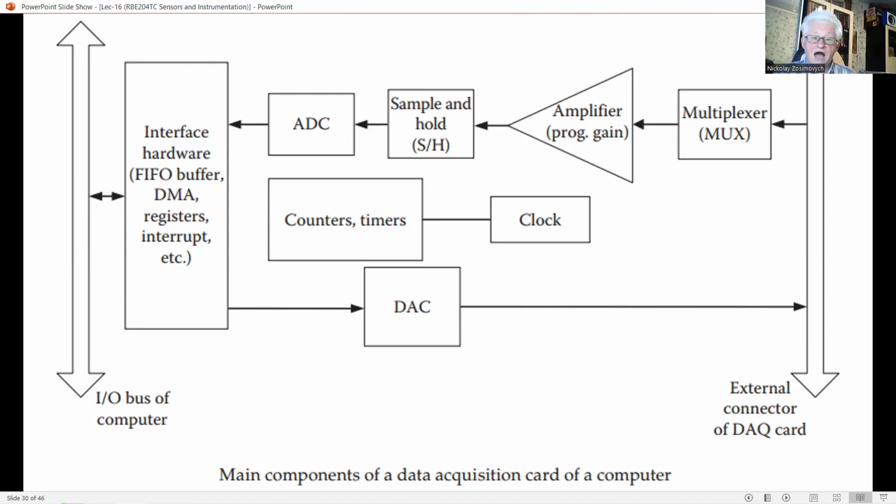The DAQ card can provide an analog output through the DAC, as we have here on the right. Furthermore, a typical DAQ card can provide digital output as well. An encoder can be directly interfaced to the DAQ card for use in motion control applications.